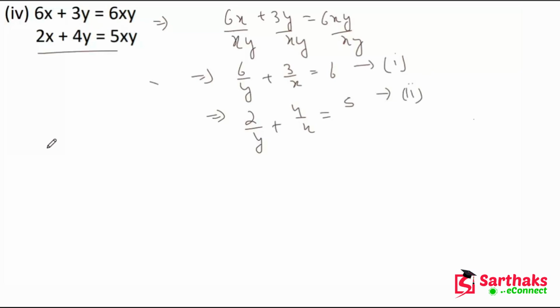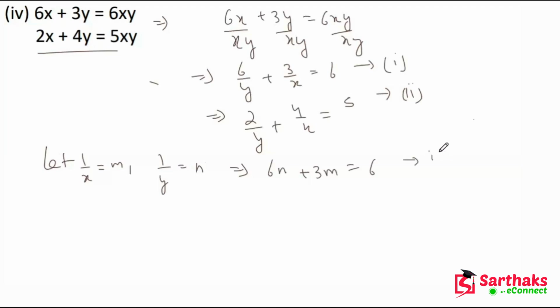So again let 1 upon x is equal to m and 1 upon y is equal to n. Then it becomes 6n plus 3m is equal to 6.